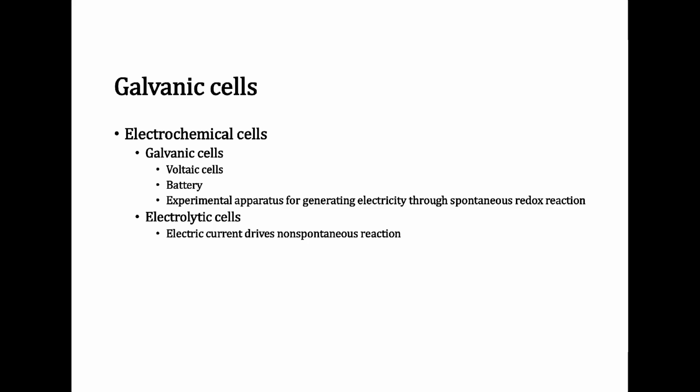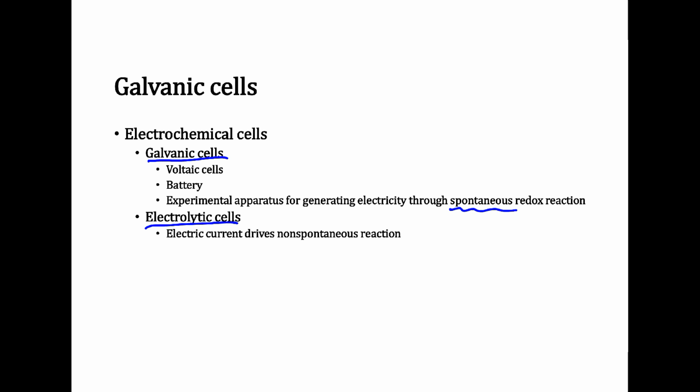So whenever we're talking about electrochemical cells, there's two different types. There's a galvanic cell, which is what we'll spend 90% of the time looking at, and then there's also electrolytic cells. Galvanic cells, you may see these called voltaic cells or a battery, but this is just some sort of apparatus that's generating electricity through a chemical reaction, but it's a spontaneous redox reaction.